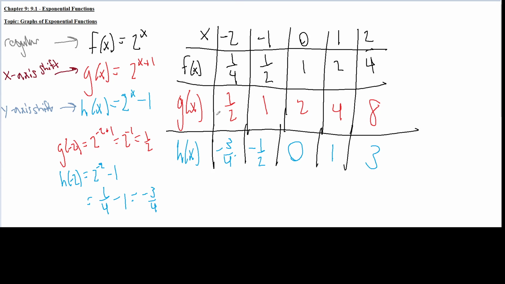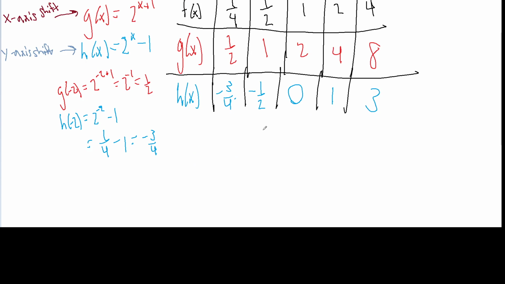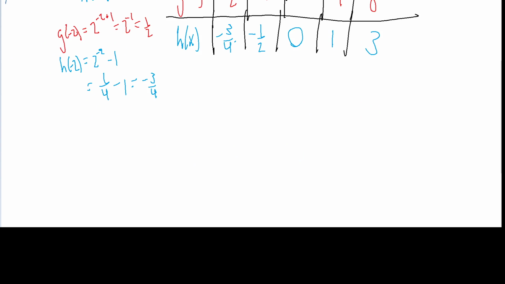I know that I'm right because the difference between f of x and h of x should just be 1, and it is. So let's take these values and begin to graph them. I'm going to draw my grid in green, since that's not the color I'm using currently.